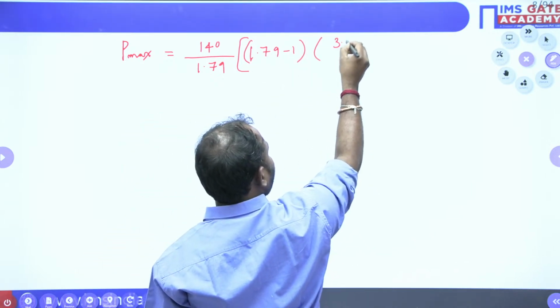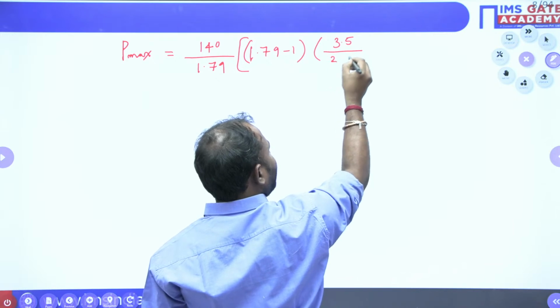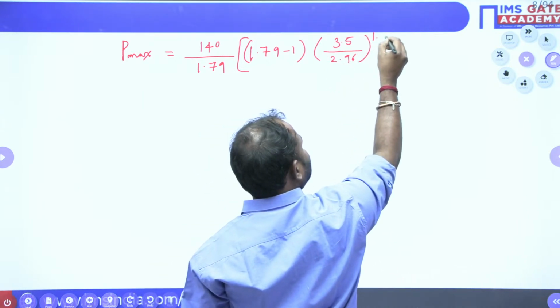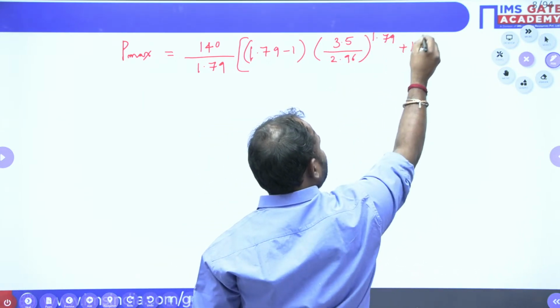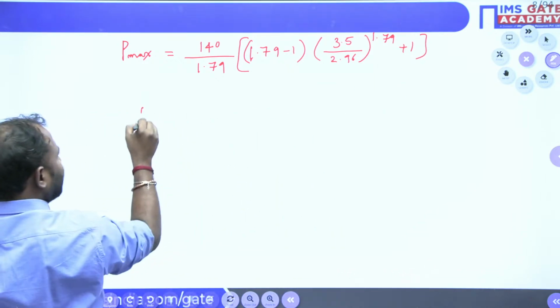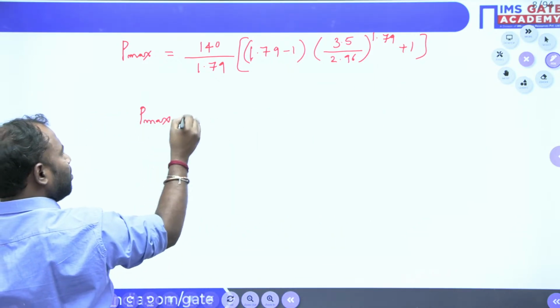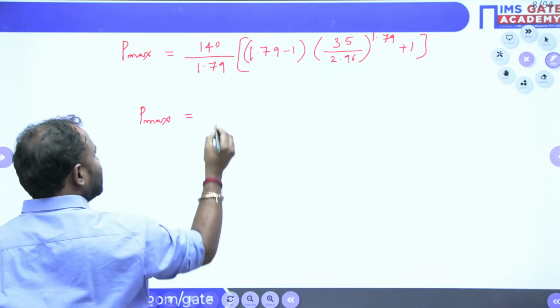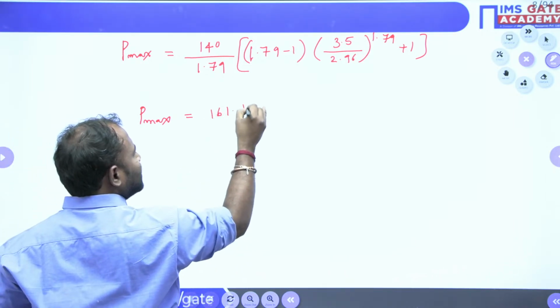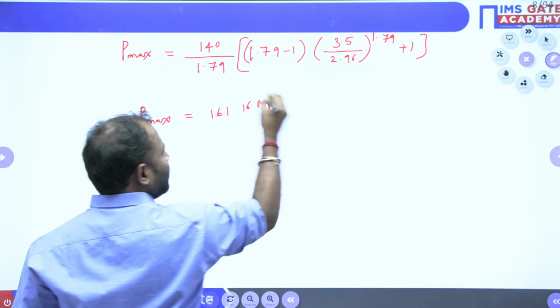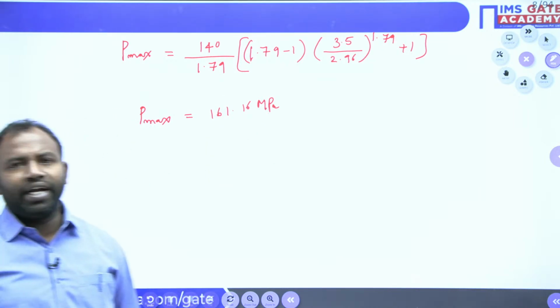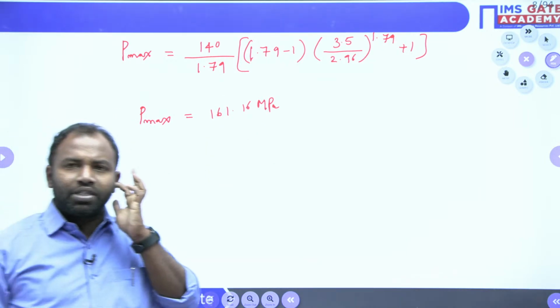H naught is 3.5 divided by 2.96 whole power 1.79 plus 1. If you solve this, you are going to get your maximum pressure in the rolling operation, P maximum, equal to 161.16 megapascal. Okay.